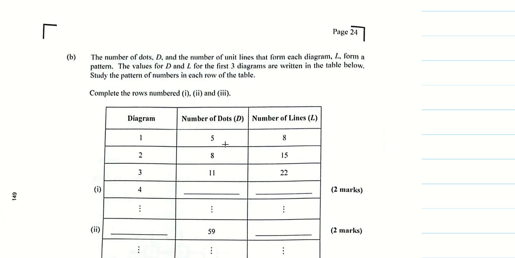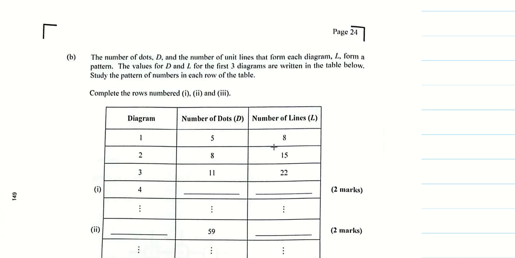First, let's see if they're increasing by a constant, right? Or they have a common difference. Between 5 and 8, you have to add 3. 8 and 11, you still have to add 3. So the common difference for D is 3. And then this one, 8 and 15 is 7. And 15 plus 7 is 22.